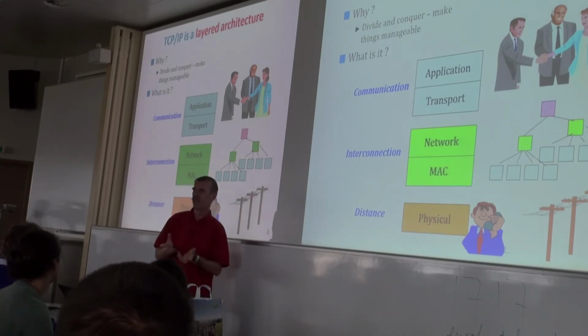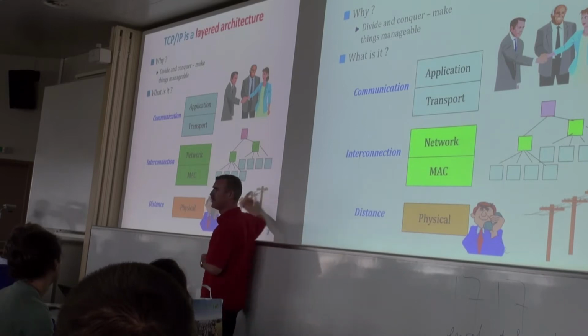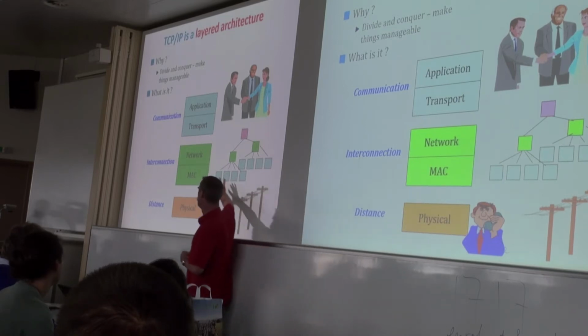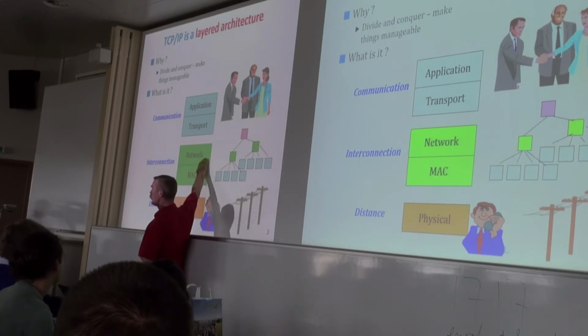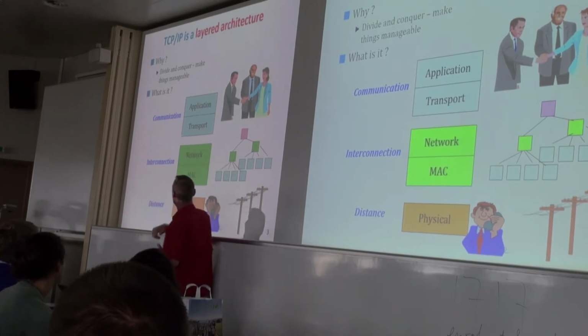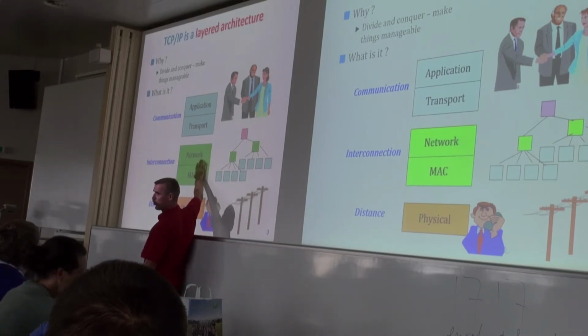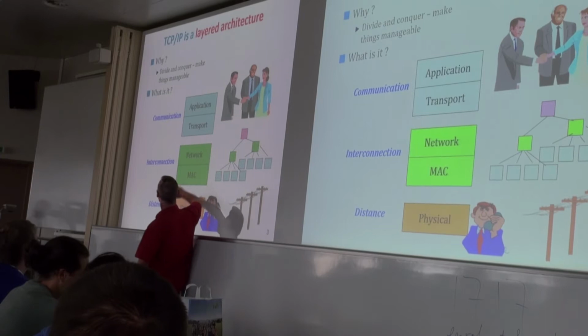We need to organize things in a certain way. We cannot simply pull telephone wires between every system and every system. So this is what it is about. It has 2 parts, the network and MAC layer. I'll mention them, we'll study them in detail a bit later. And this is the focus of this course. This is how we build networks.